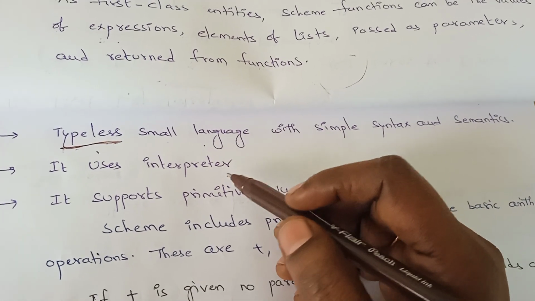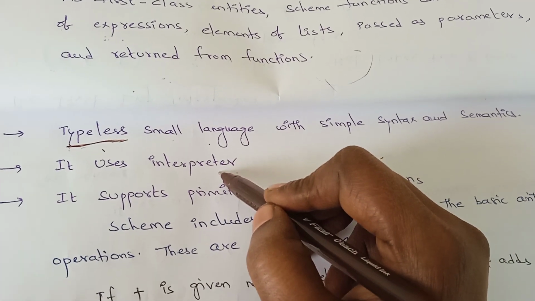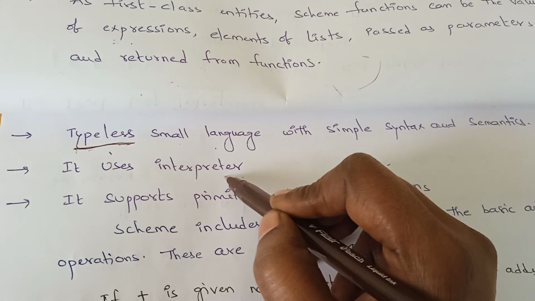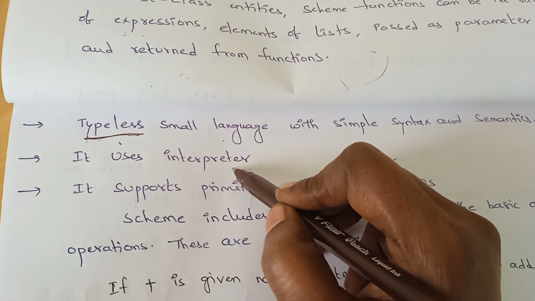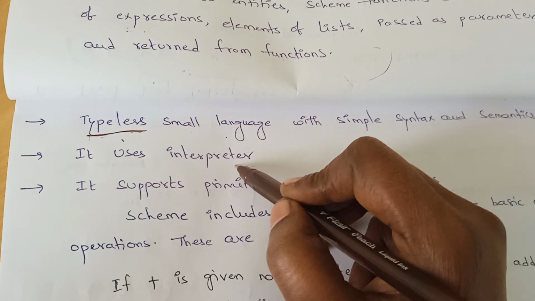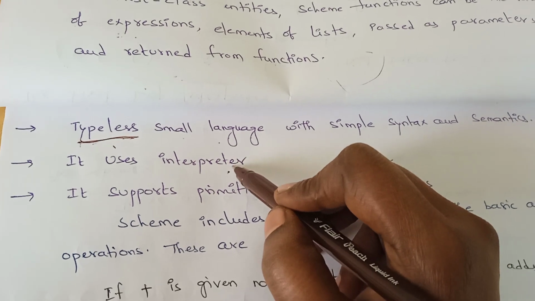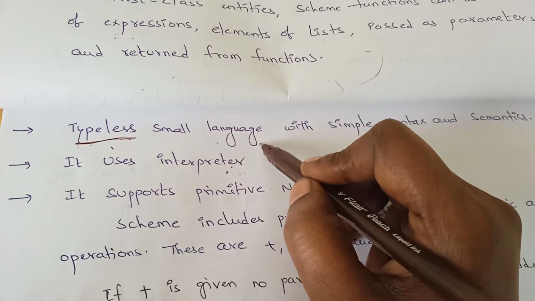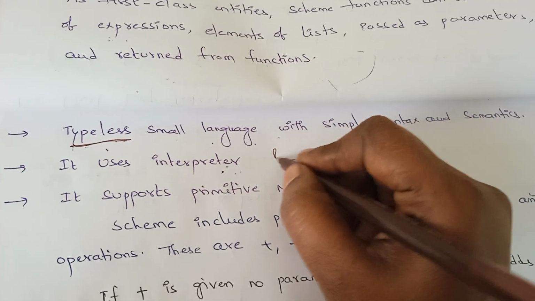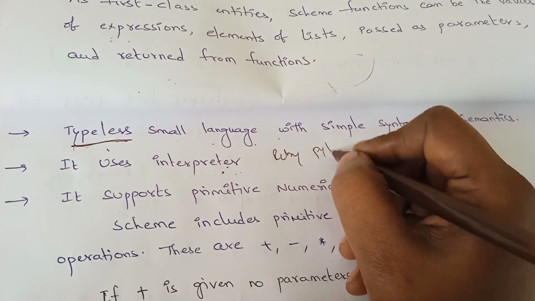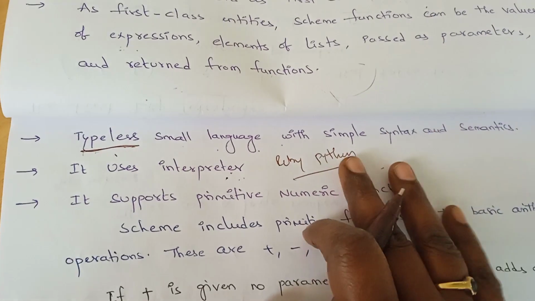A Scheme interpreter in interactive mode is an infinite read-evaluate loop, where it interprets the expressions and displays the resulting value. The same kind of interpreter we use in Scheme and Lisp is also used in Ruby and Python. The same functionality of the interpreter we'll see in both the languages.